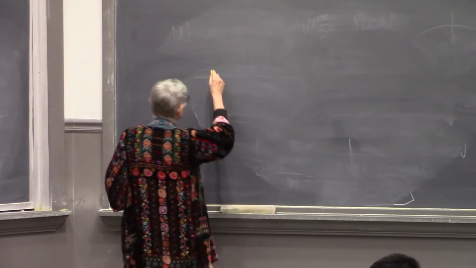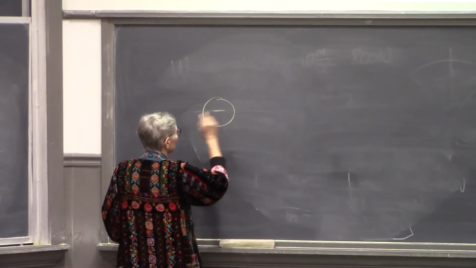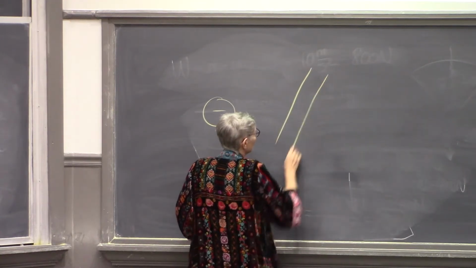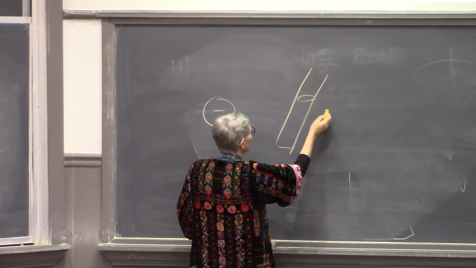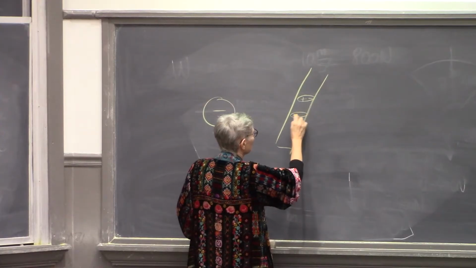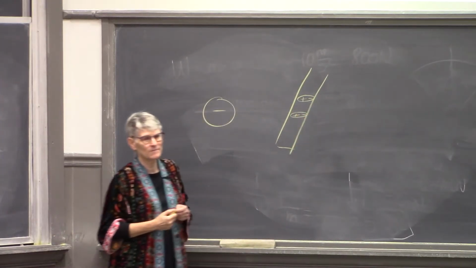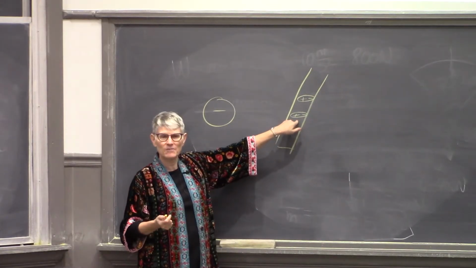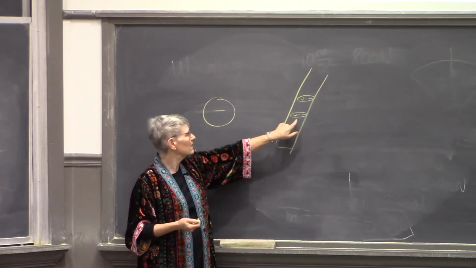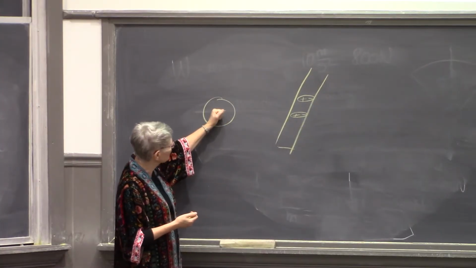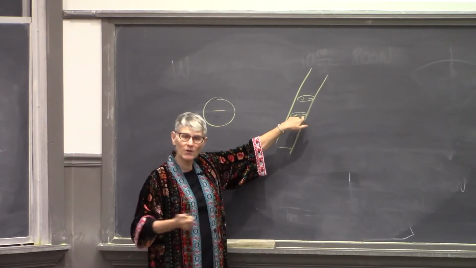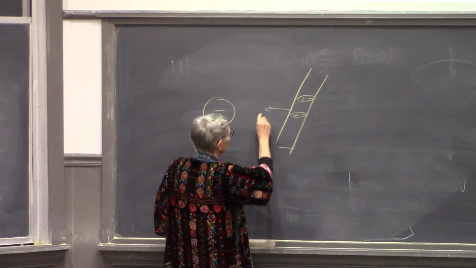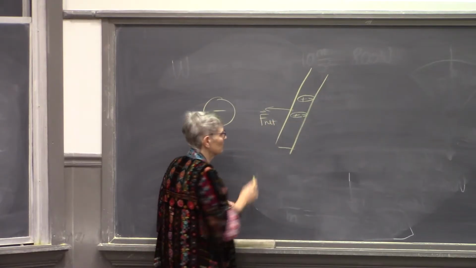So if we have something that's negatively charged, molecules in the tape could polarize, and now the positive charges are attracted and the negative charges are repelled, but they're a little farther away, so the net force is in fact an attraction.